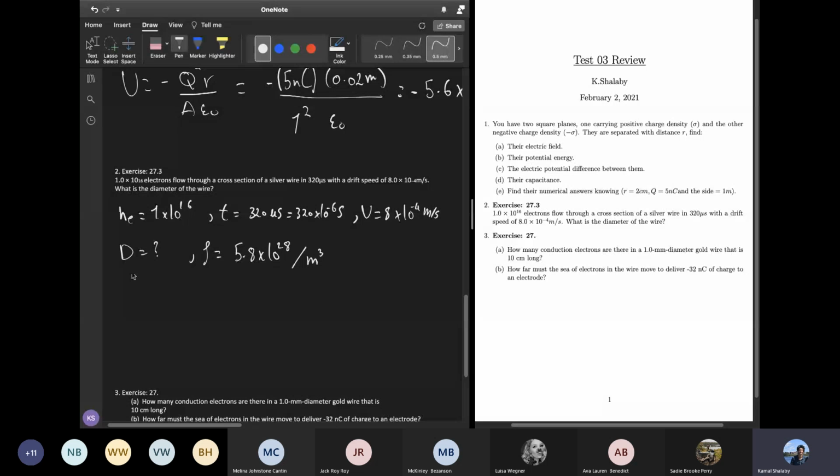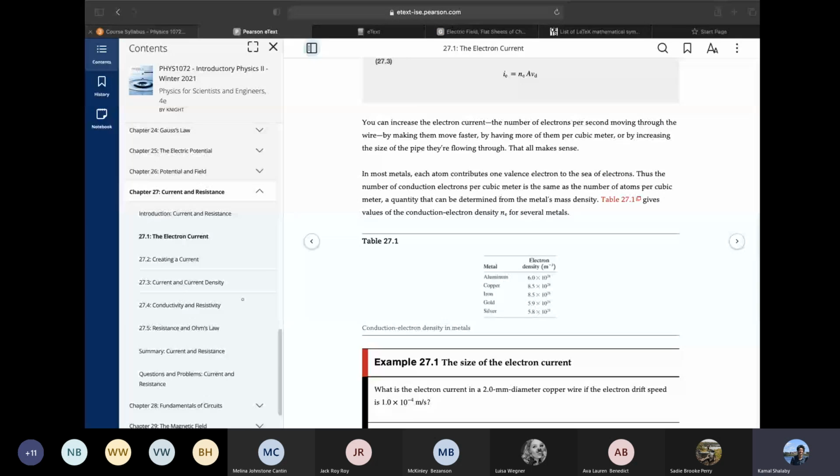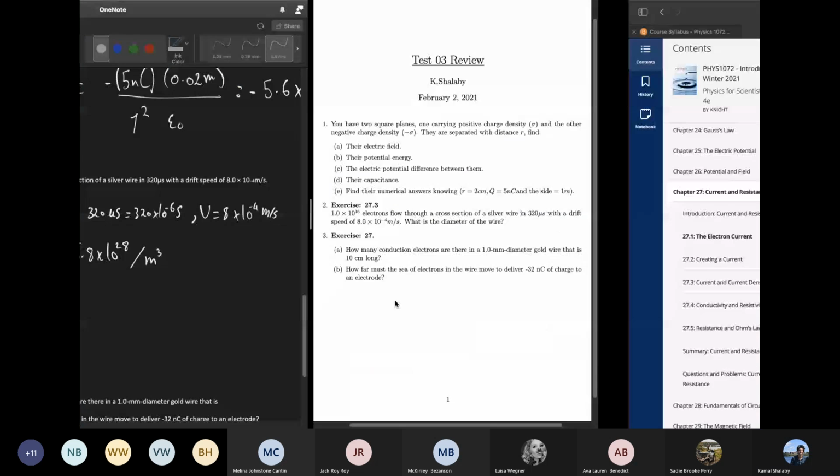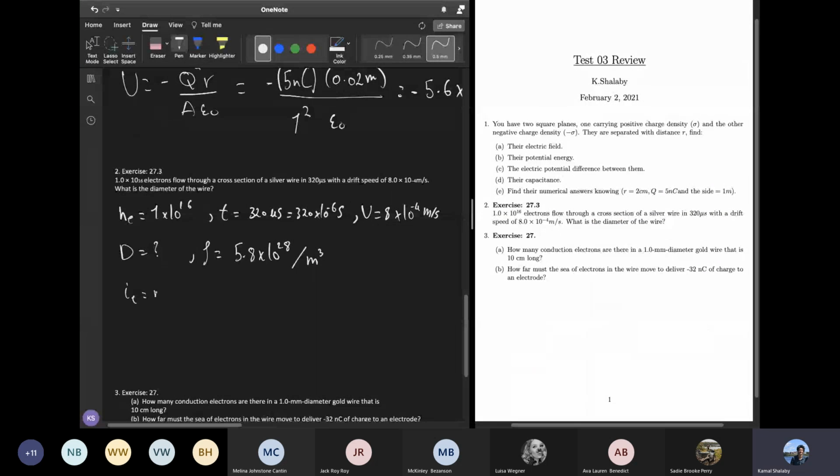First of all, we have I_e equal to the electron density multiplied by the area multiplied by the drift speed. We do have the density, we do have the drift speed. So this is one equation that we have.